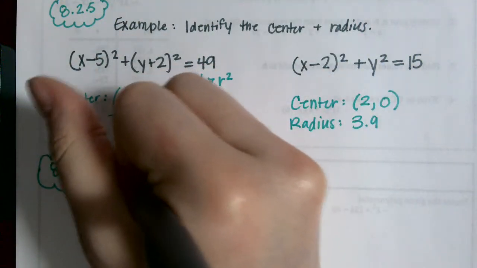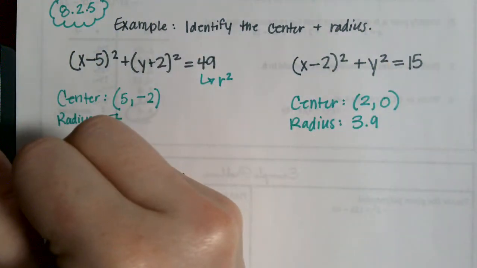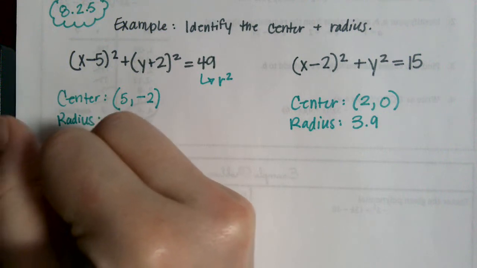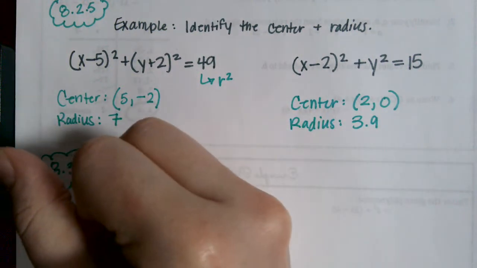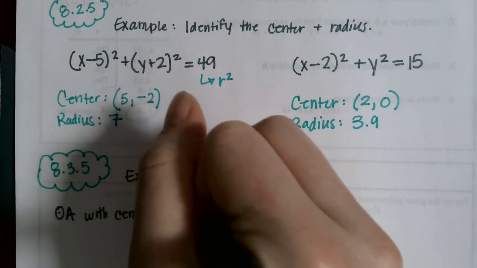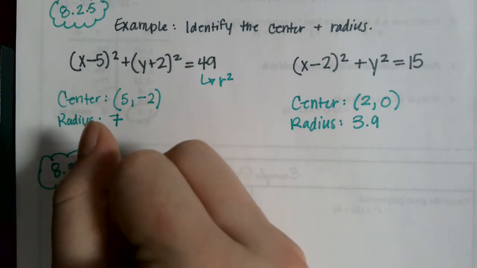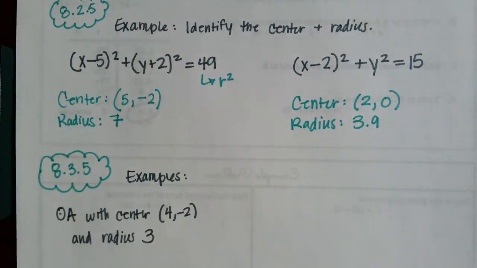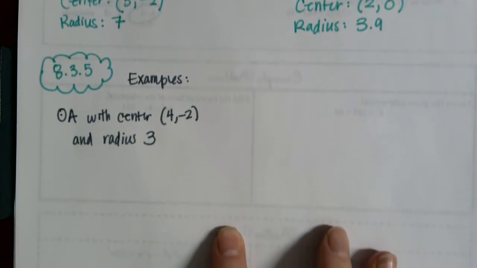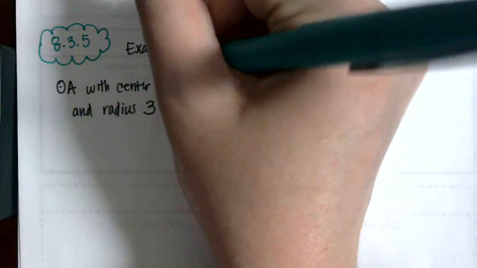We're going to do a couple examples in a few different ways that it could be written. The first is that it could say circle A with center 4, negative 2 and radius 3. We're going to use the template at the top of our page and fill in all the things we know: h and k, and our radius.